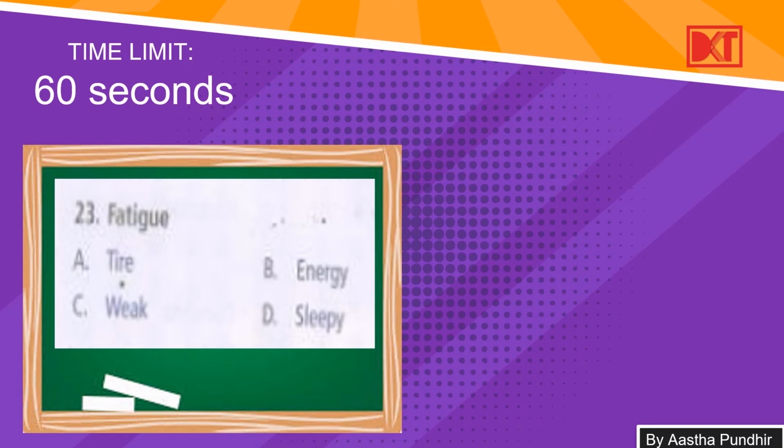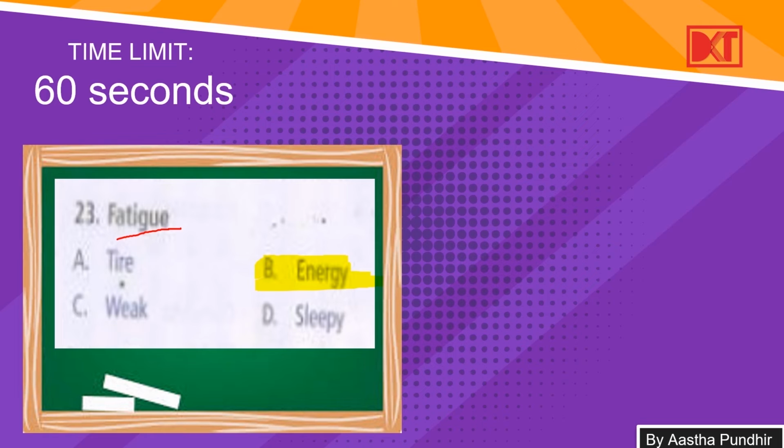Here we have another word, fatigue. The options for the antonym are A, tired, B, energy, C, weak, D, sleepy. Here the correct antonym is energy. This one is pretty easy. Fatigue, we know, means tiredness.